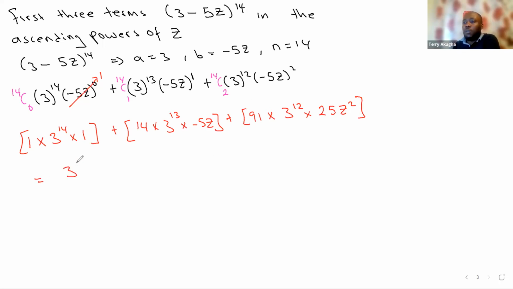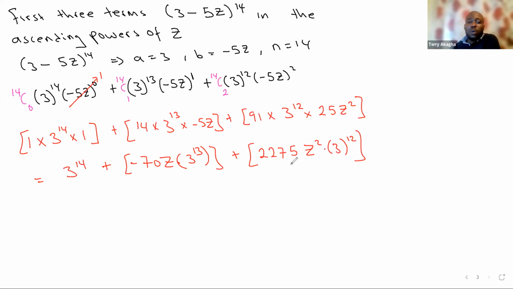So give me 3 raised to the power 14 minus, or you can put plus, then inside will be minus. When you open the bracket for that, it should give you 70z, 3 raised to the power 13. Then when you do that as well, it should give you 2275z squared and 3 raised to the power 12.